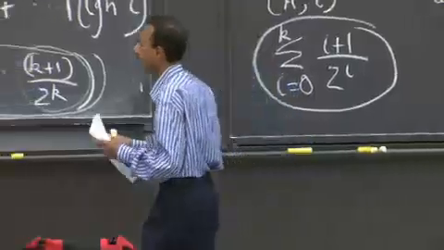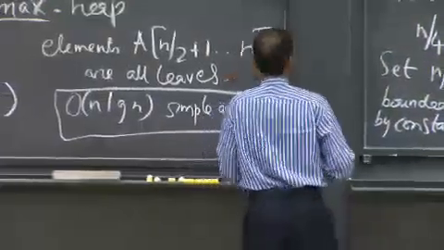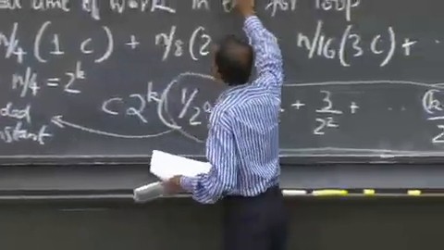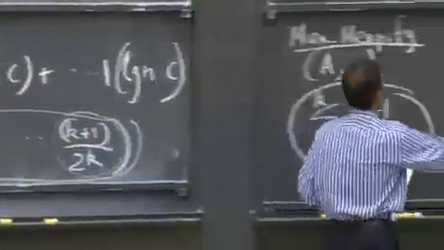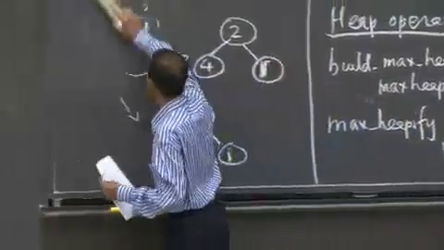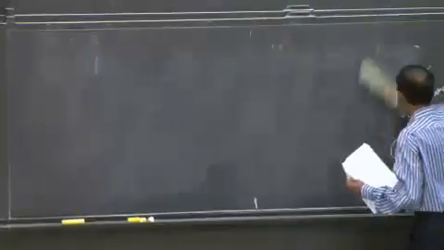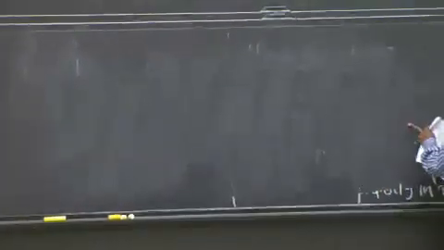Now, in the time that I have left, it turns out we're essentially all the way to heap sort, because all we have to do is, once we have build max heap, I'll just write out the pseudocode for heap sort, and you can take a look at examples in the notes.